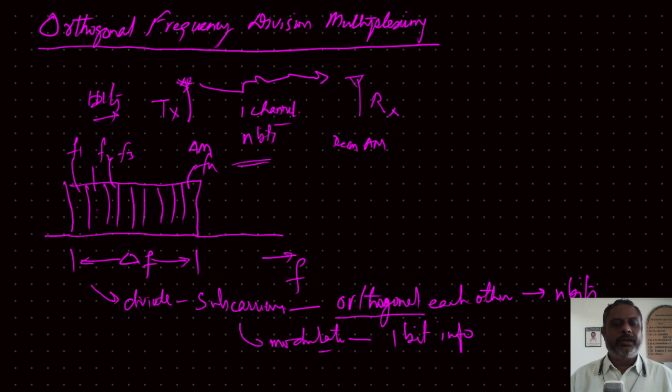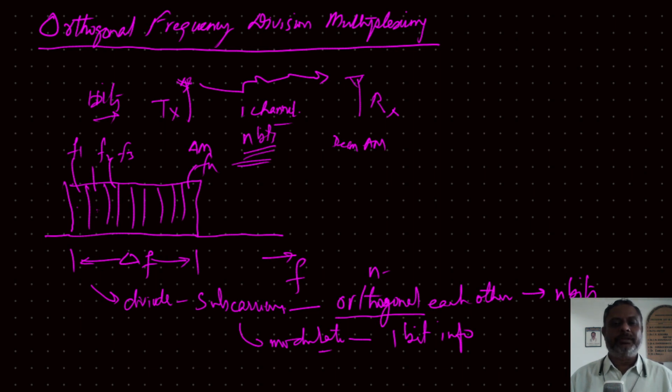So if we find n orthogonal subcarriers, each subcarrier can be used to modulate 1 bit of encoded data, and that way we make sure that at any given instant n bits are transmitted in parallel.